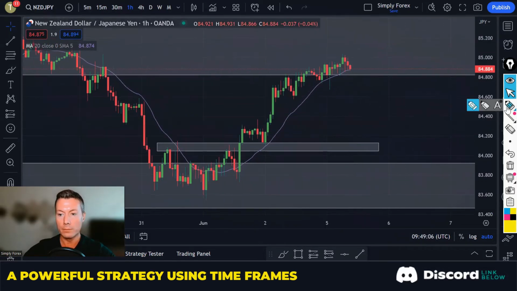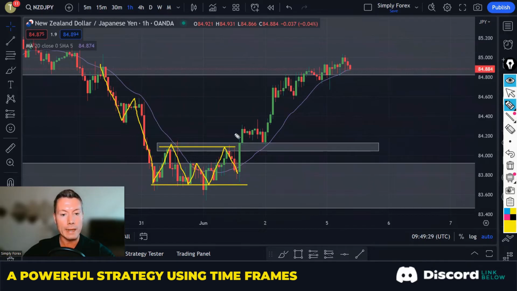Price here is in a downtrend on the H1, and remember, guys, this is no good for us. We want to be with the H1 uptrend. Price is moving in and around this area to this area, but as soon as we get a break of this area, we therefore have an H1 uptrend.